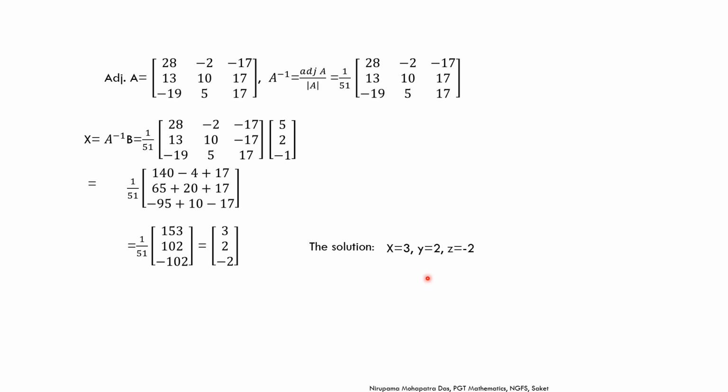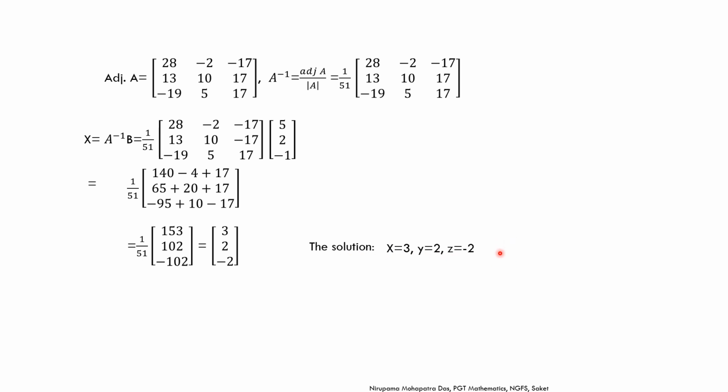If one of the cofactors, out of 9, is incorrect, you will not get all correct values of x, y, z. The third point is, you can cross check the multiplication also. So these are the 3 checkpoints you can check in case you do not get the correct answer.